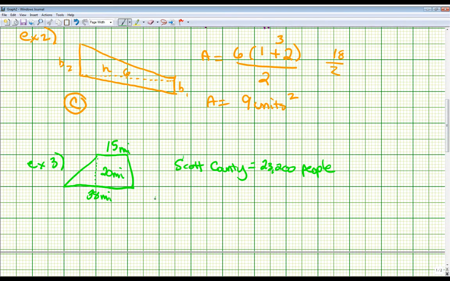Area equals, we start with our height, which is 20. Then we do our parentheses: 15 plus 38 are our two bases. And then we take all of that and cut it in half. So we have 15 plus 38.